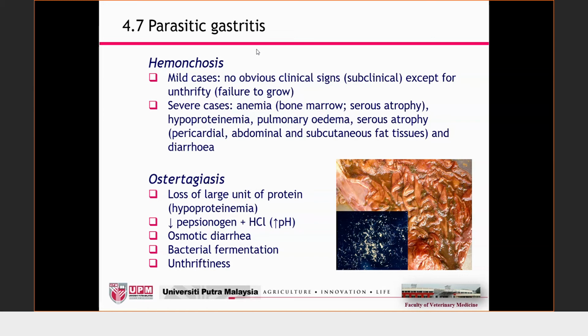As a result of this hypoproteinemia, they will have pulmonary edema. Why the pulmonary edema? Because the osmotic pressure in the blood is low as a result of low albumin. There will be failure of the water to go back into the circulation. So this is a mechanism of edema, controlled by the protein.